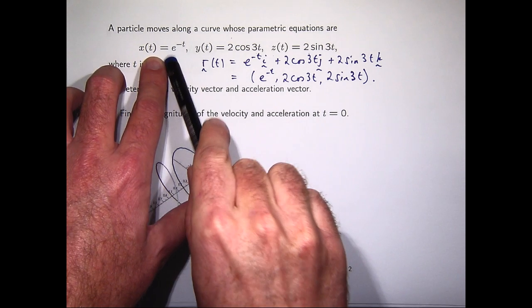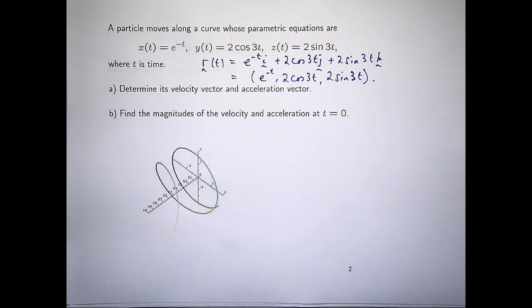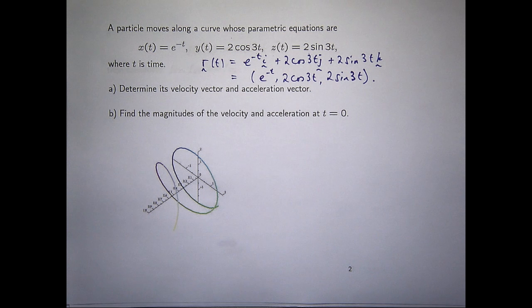Let's add in this extra component, x of t equals e to the minus t. Well, let's say t starts at t equals 0 and t increases. What happens to e to the minus t? It's positive and it decreases. So what you've got is something that's rotating, from the view of the yz plane, and decreasing along the x-axis.